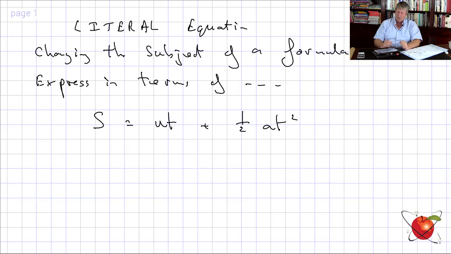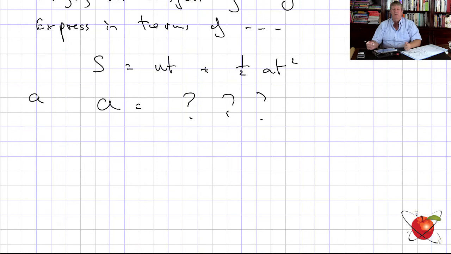And let's say we want a. In other words, we want a equals what? Okay. That's what this is all about. It's to change it so that a is now in the front. Okay. Well, what do we do? First of all, it could be make a the subject of the formula. That's the first thing they could ask. Make a the subject of the formula.